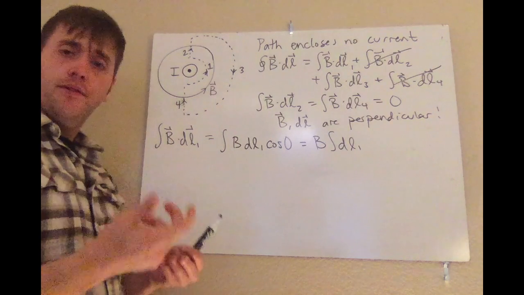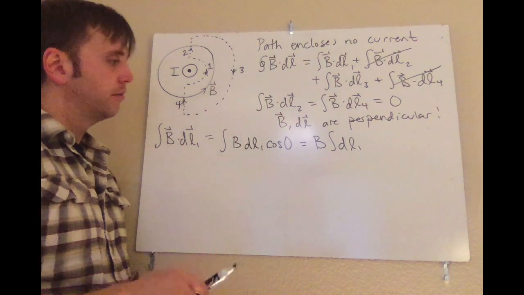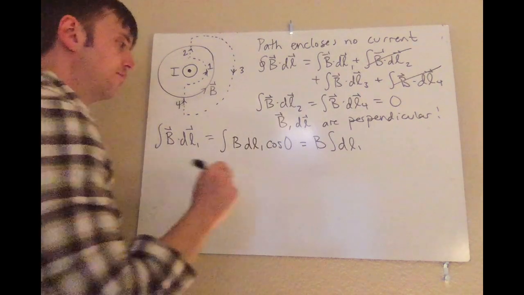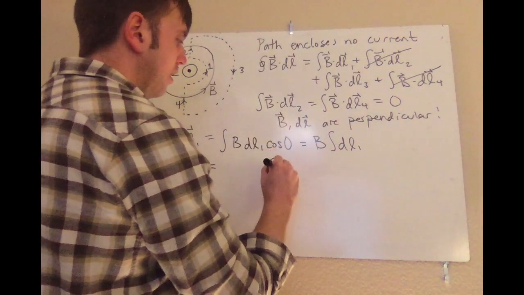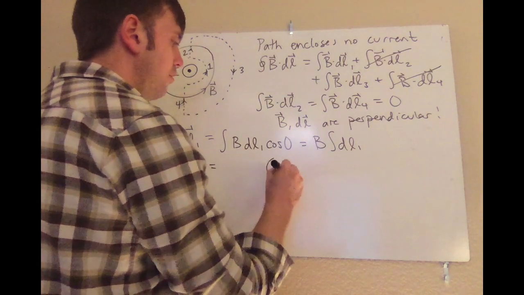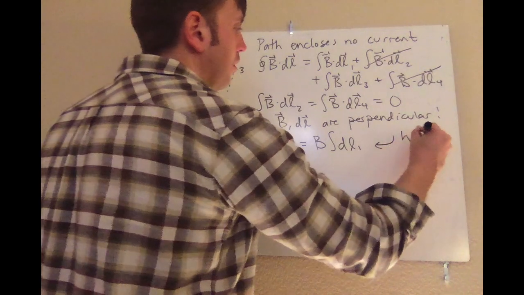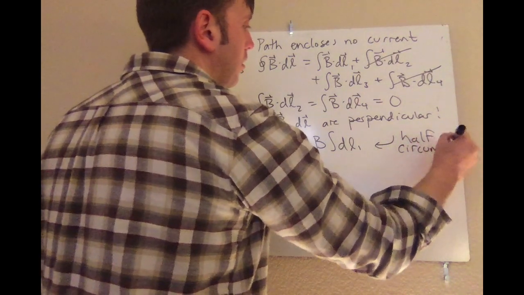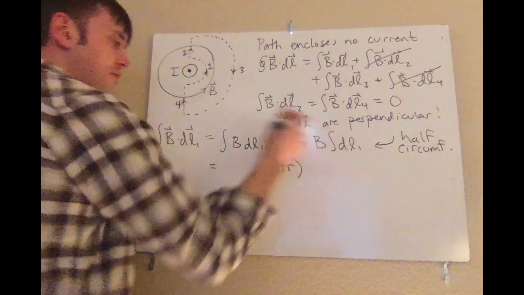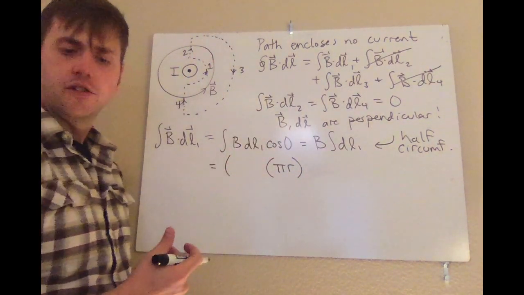Well, it's half of a circle, so it's half of the circumference that gives me that total distance. So I'll put that in first. We have not 2 pi r, but just pi r, because that's half a circumference. For the strength of the B field, we have a formula, so why don't we use it?